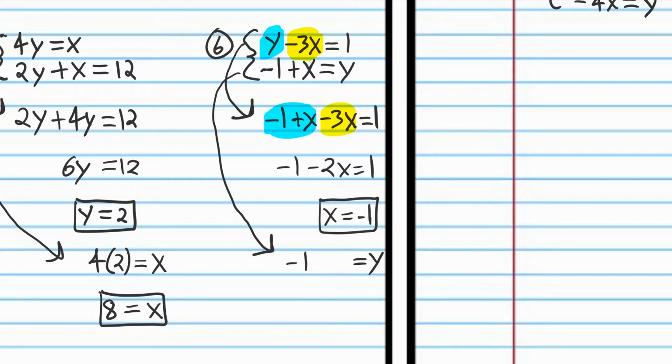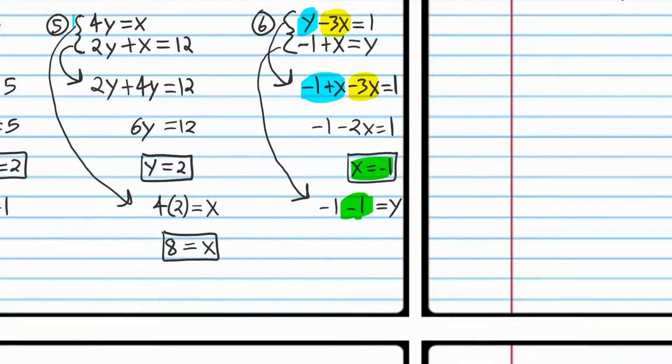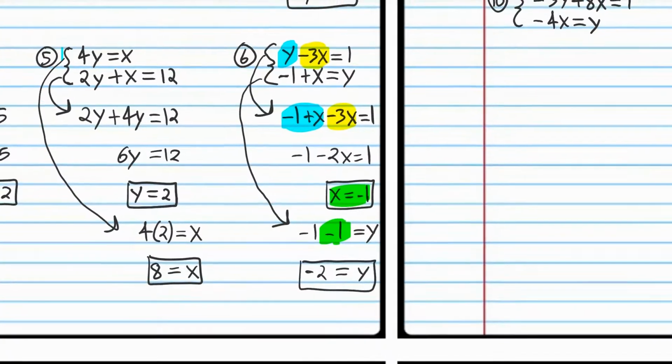And I'm just going to use the abbreviated notation. And maybe I'll color code that just to be sure you know what's going on here. And y is equal to -2. So if you got -1 and -2, good job.